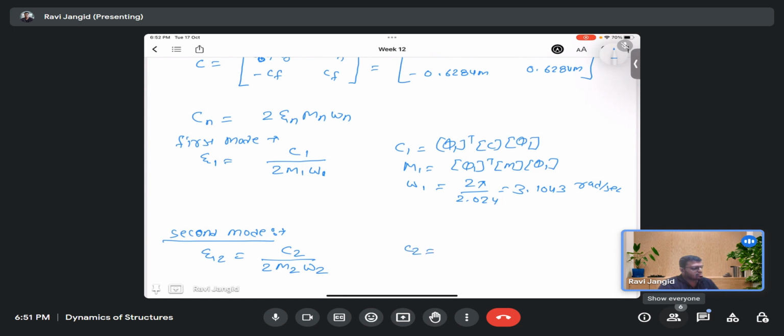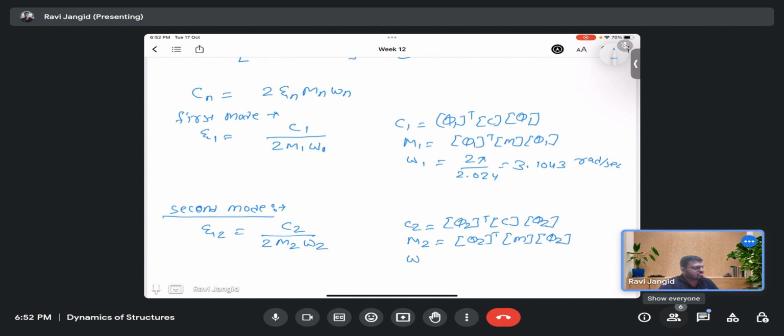So C2 would be φ2 transpose C times φ2, M2 would be φ2 transpose M φ2, and ω2 would be 2π by how much? 0.25.